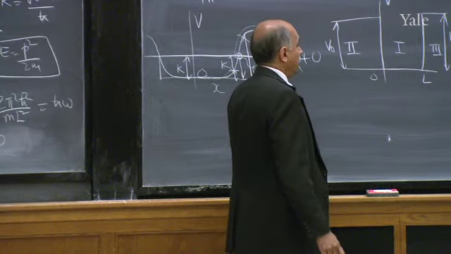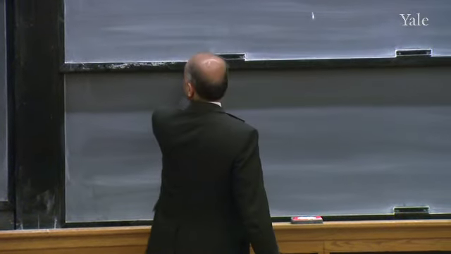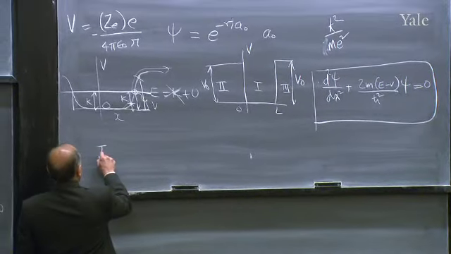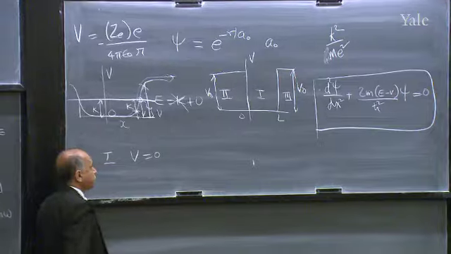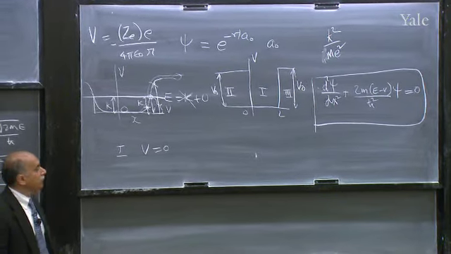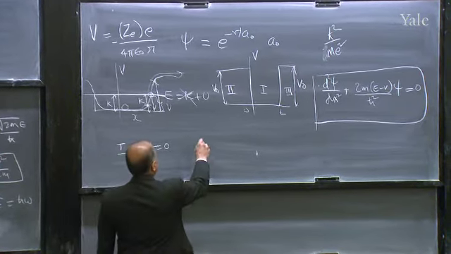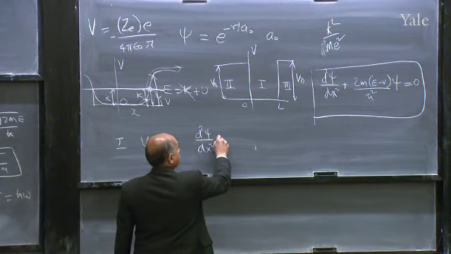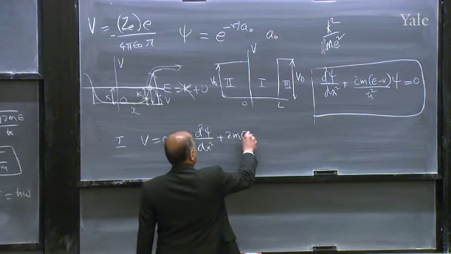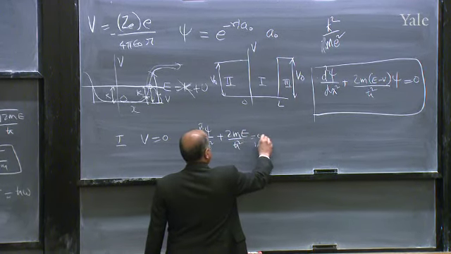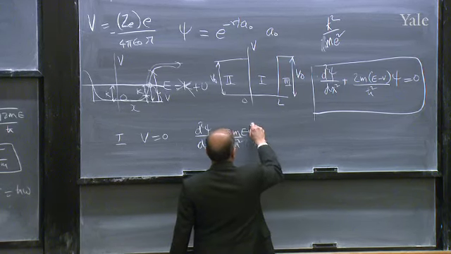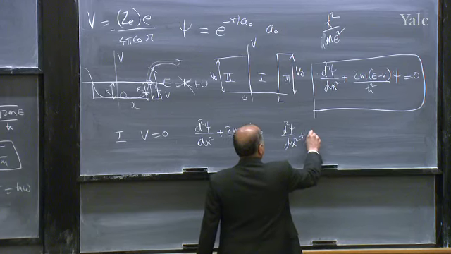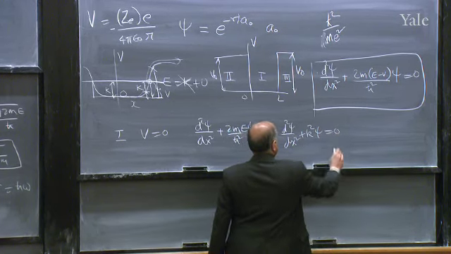Okay, first let's solve it in the middle because it's very easy. So what is the middle defined as? Middle, region 1, V is equal to 0. So the equation is d2 psi over dx squared plus 2mE over h bar squared psi is 0. So let me write it as d2 psi over dx squared plus k squared psi equal to 0, just like before.